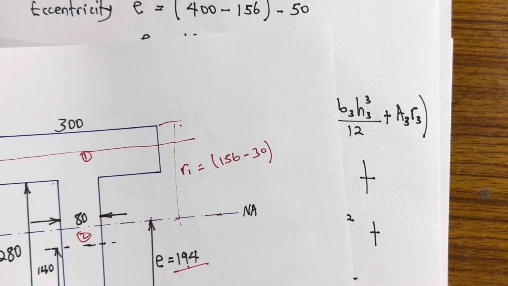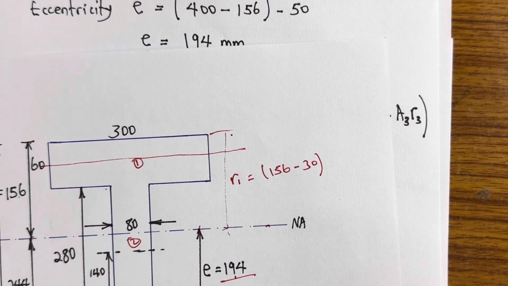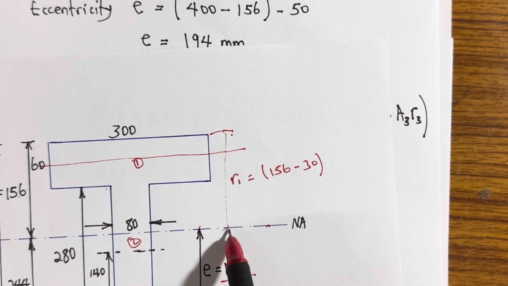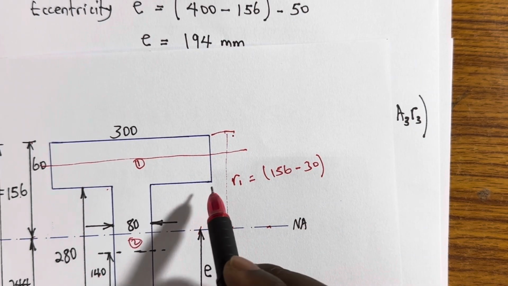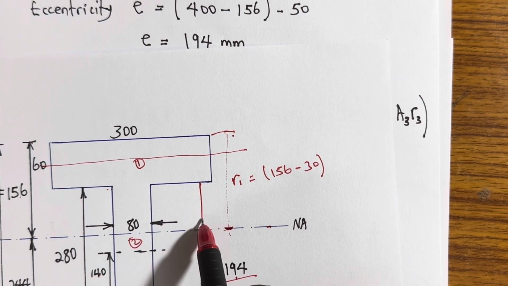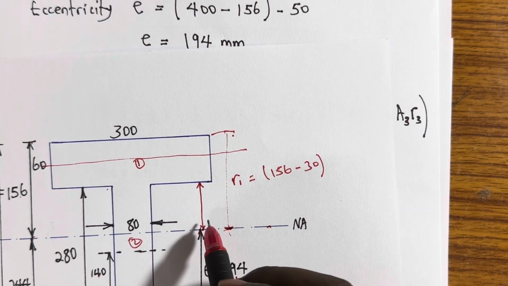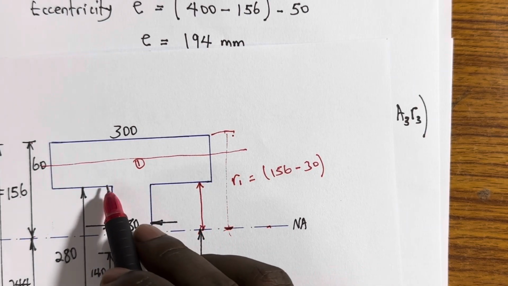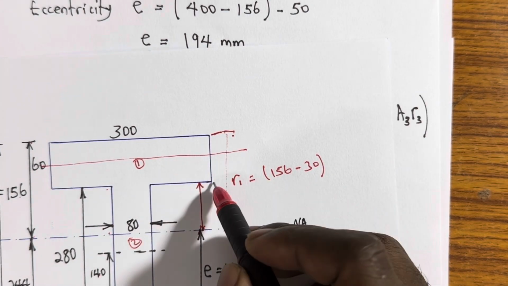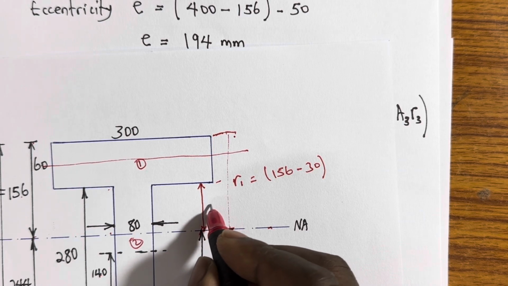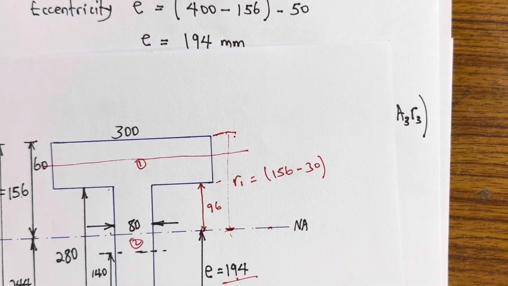Yes. You realize that from here up to here is 156, right? So what about from here up to here? This distance is 156 minus 60, because from here to here is 60. So you remain with 96. Get it?